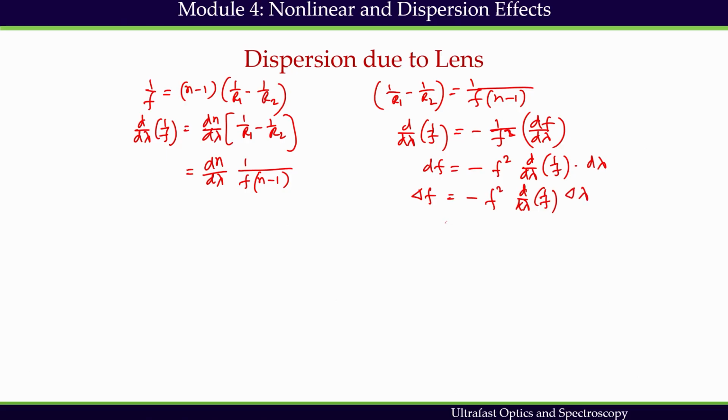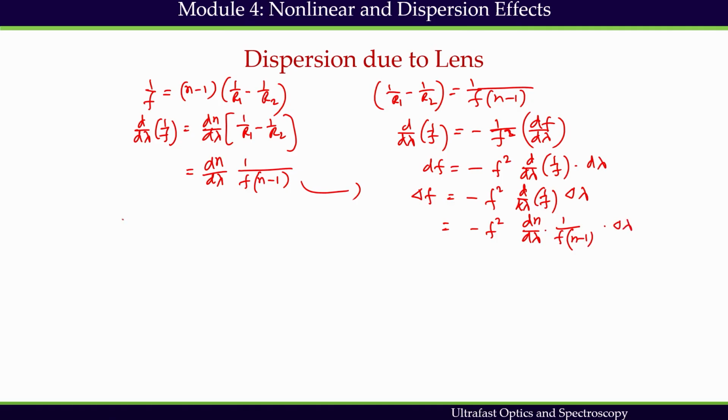So I can plug that in here and I get minus f squared times dn/d lambda multiplied by 1/f (n minus 1) multiplied by delta lambda.